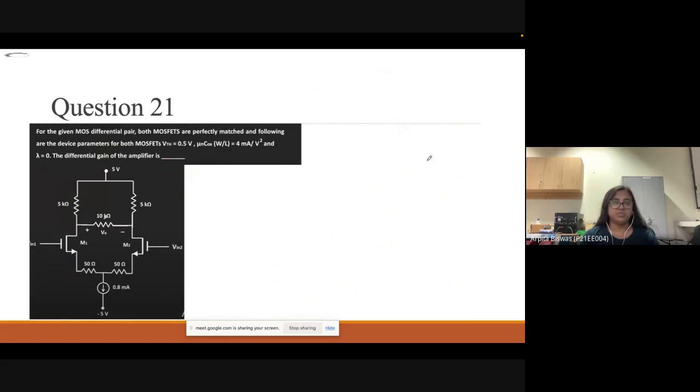This is question number 21. For the given MOS differential pair, both MOSFETs are perfectly matched and following are the device parameters for both MOSFETs. VTH is given, which is 0.5 volt. Mu n COX W by L is 4 milliamps per volt square, and lambda is 0. The differential gain of the amplifier is. So we have to find out the differential gain.